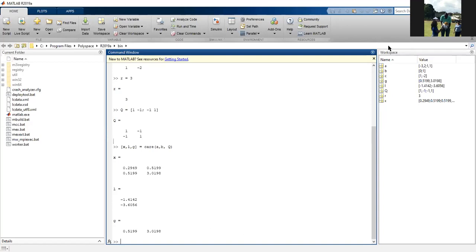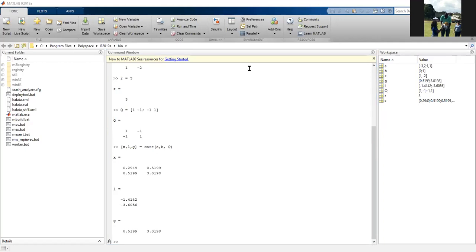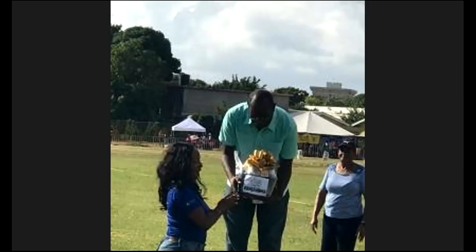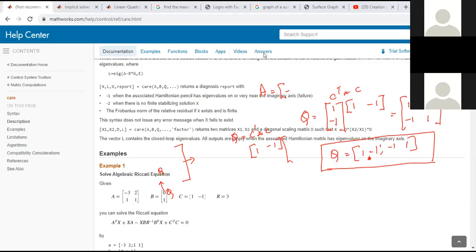Sorry, let me tell you what. No, we want to look at the equation first. So let me just put it back on the screen. All right.